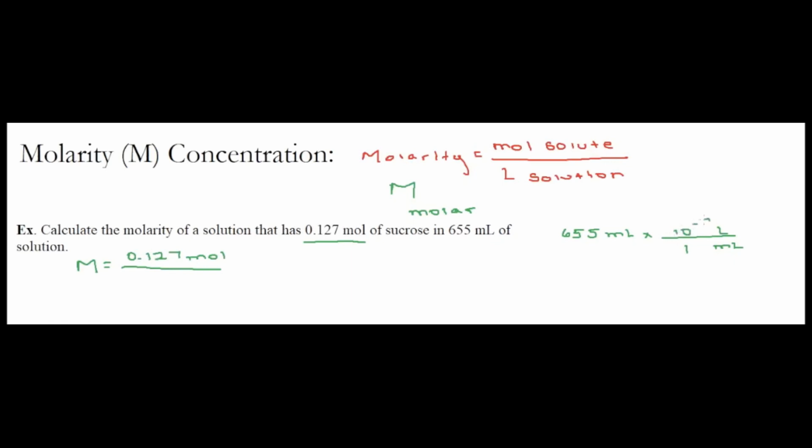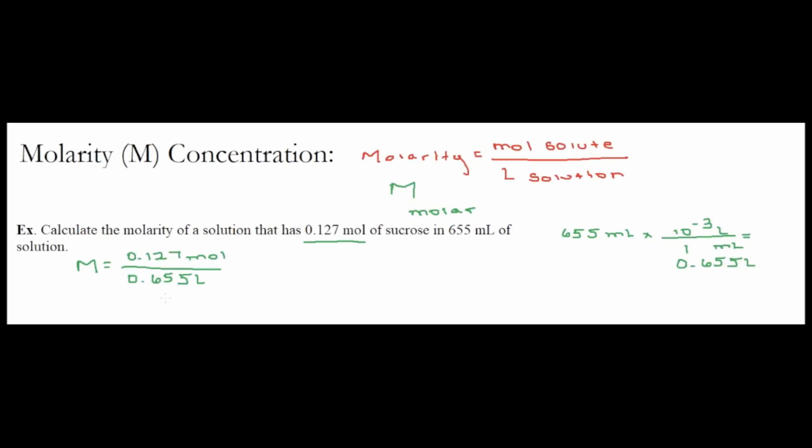But get used to needing to do that conversion because it's going to happen a lot. There are 10 to the negative third liters in 1 milliliter, so I'm just going to end up dividing by 1,000, because that's what multiplying by 10 to the negative third is. So what I get for my volume is 0.655 liters. That's what's going to go on bottom. That's my volume of my solution.